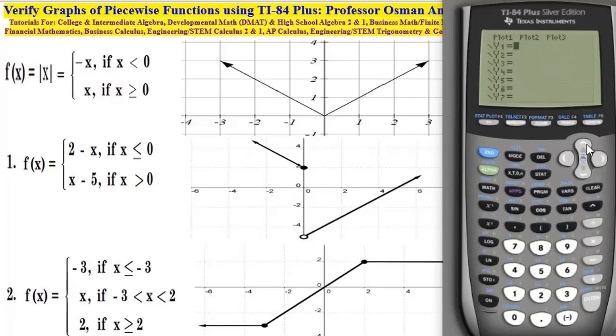So it is open parenthesis 2 minus x, and this is valid for x less than or equal to 0. Second math, less or equal to 0.